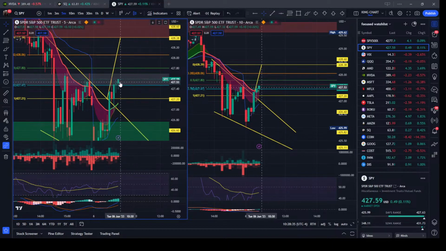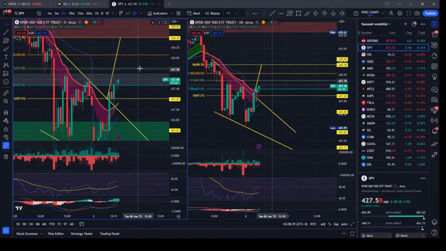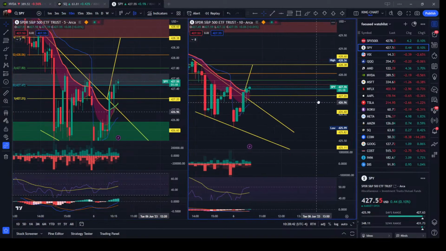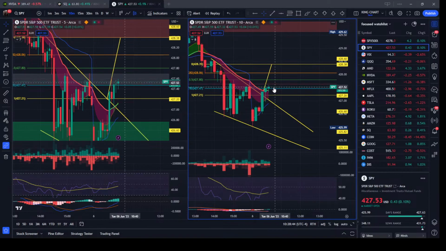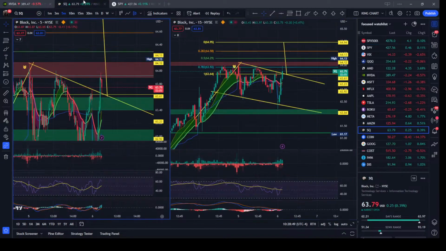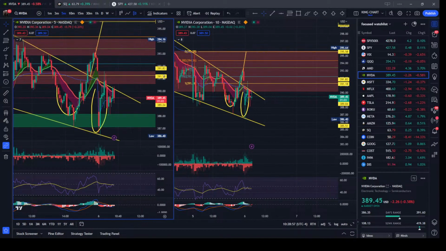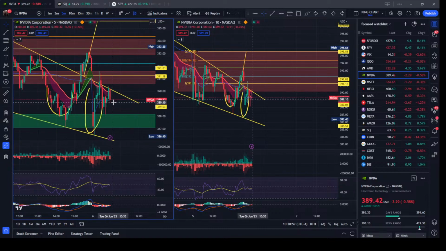Nice. Look at the strength. And if we look at our 10-minute, we are about to close. And look at that wick from Square. This is why this would have been the perfect entry. And the video is just playing with VWAP.